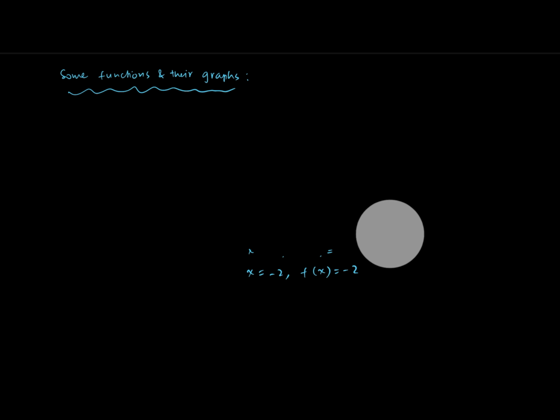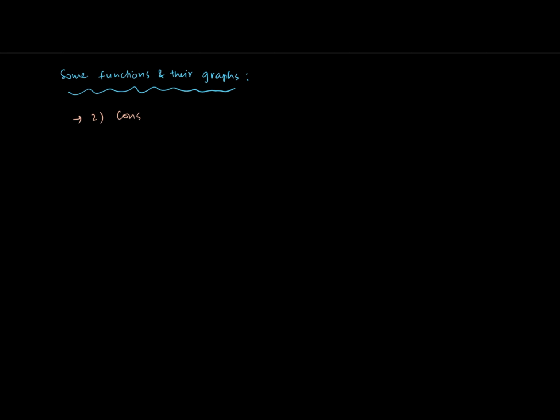Towards the second type of function. This is constant function. So a function f from R to R is a constant function where y is equal to f of x is equal to c, which is a constant. So which means whatever the input will be, the output will be a fixed value.